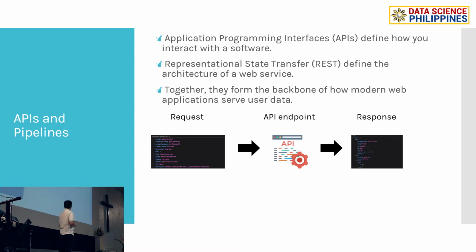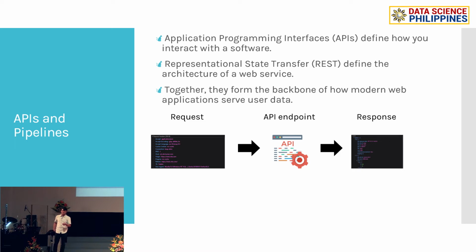So a web service API that follows this particular architecture is colloquially called a RESTful API. That is the backbone of how modern web applications serve user data.